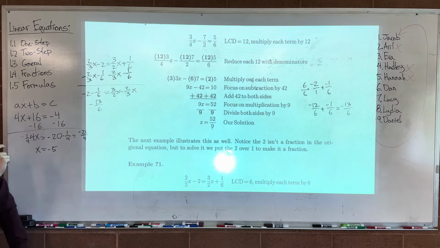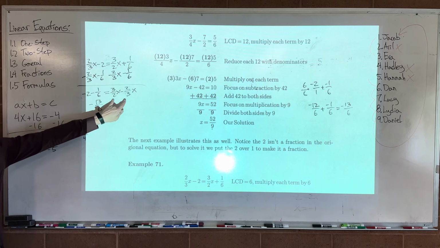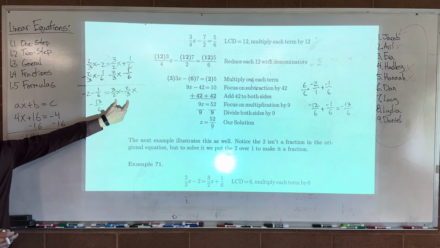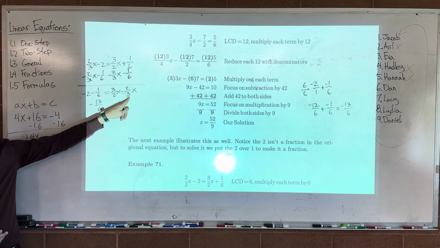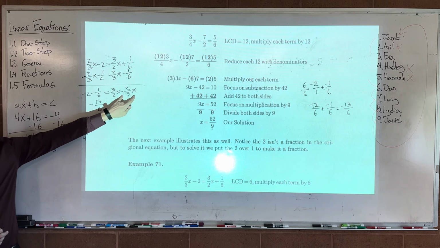Now we've got the harder one. We have the 3 halves x minus the 2/3 x. First off, what are we going to do with that x? It's not going to be 0. One we have 3 halves, the other we have minus 2/3. What do we do about the x's here?